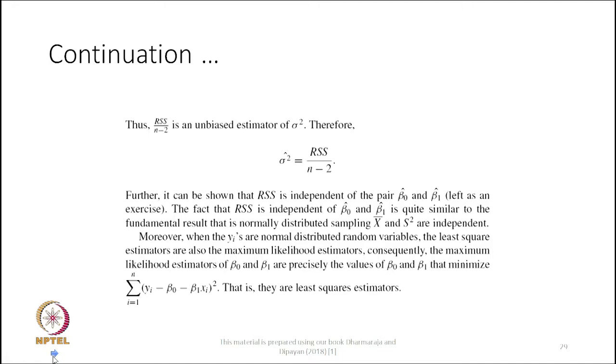Further, you can show the residual sum of squares is independent of the pair beta naught cap and beta 1 cap. It is similar to what we have proved earlier, that the sample mean and the sample variance are independent.